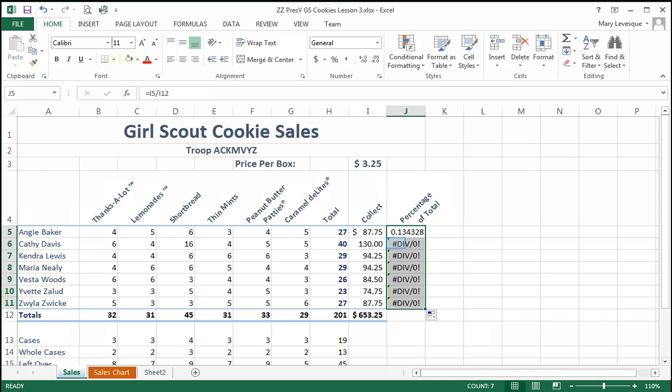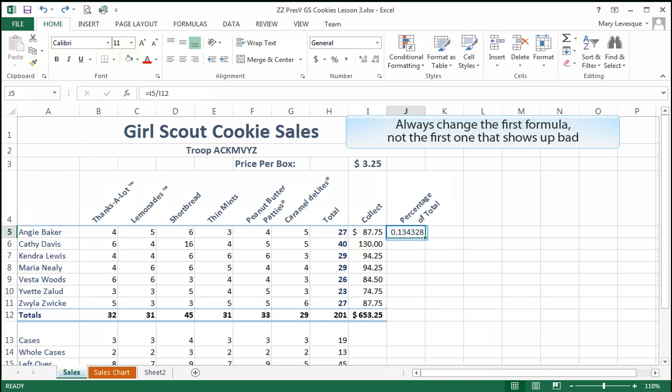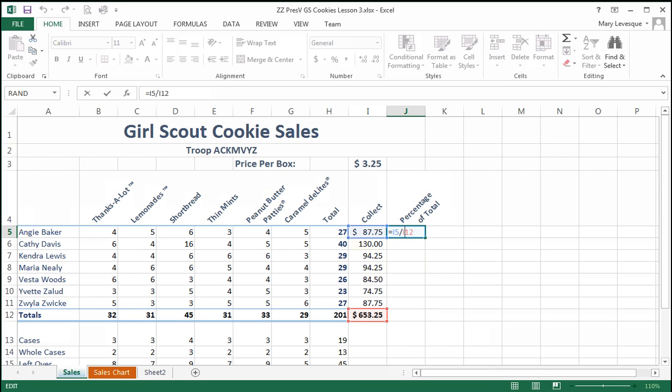Oh, that same silly thing, because this time when I get to here, it's dividing by 0. So if I click undo, do you know what I need to do to this formula here to make it work? Yes, I need to put a $ sign in front of each one of those items.